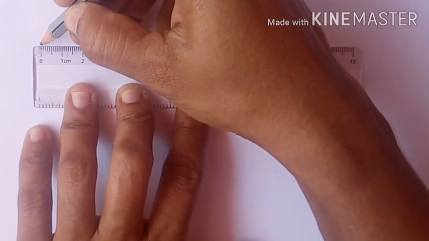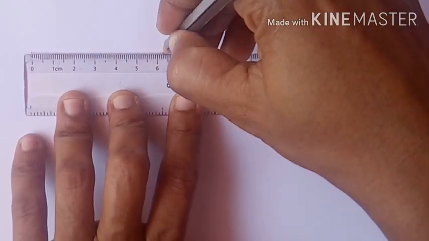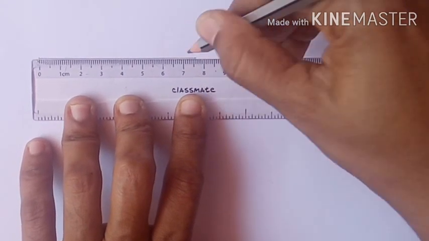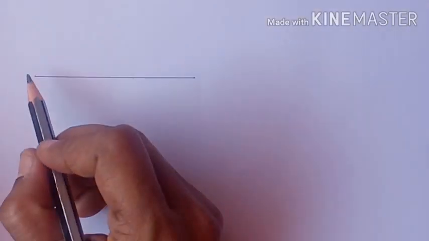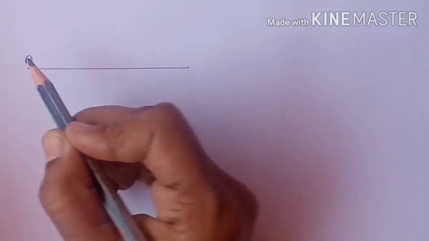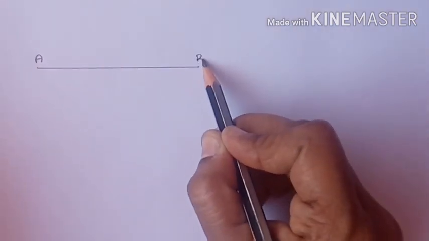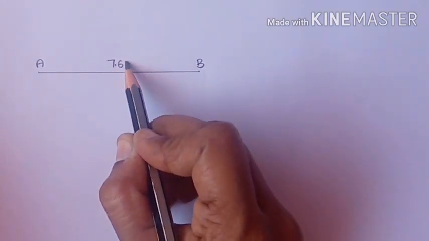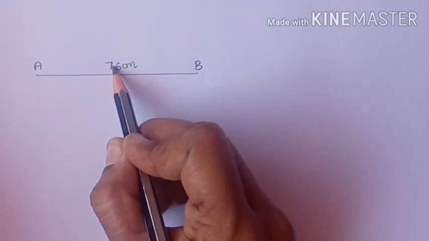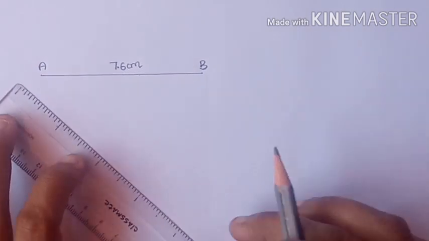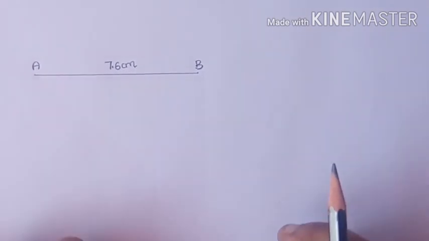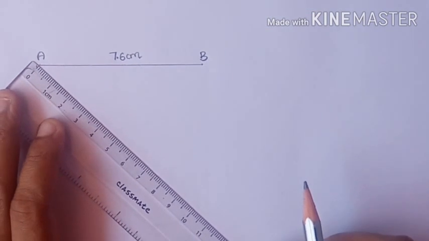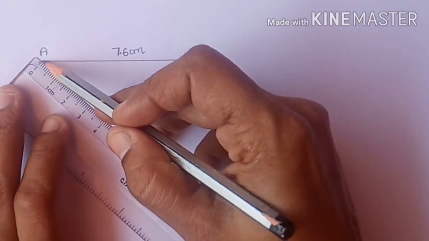Using your ruler, draw a line segment of length 7.6 centimeter. Label it as A and B. Draw a ray AX which makes an acute angle with the line segment AB.